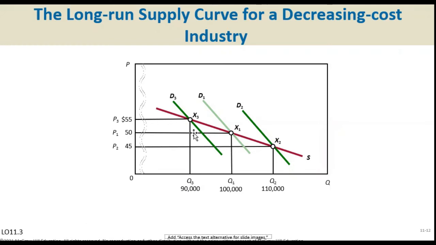As a result, output increases from Q3, 90,000, to Q1, 100,000, to Q2, 110,000, accompanied by lower prices from 55 to 50 to 45. And that explains this downsloping long-run supply curve, S3, S1, and S2.